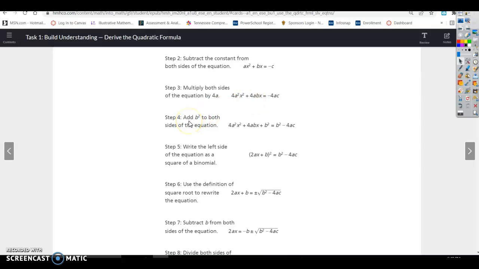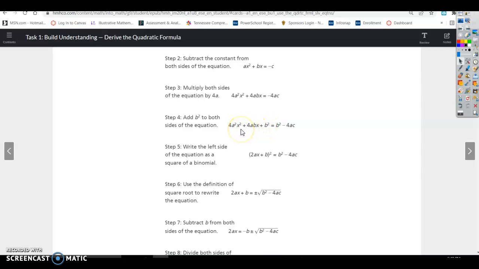Step 4, add b squared to both sides of the equation. So here I'm going to add b squared, and if I add b squared to the left, I'm going to do the same thing to the right. The reason we're doing that is we want this side of the equation to be that perfect square trinomial.